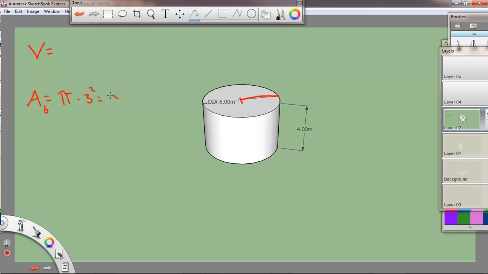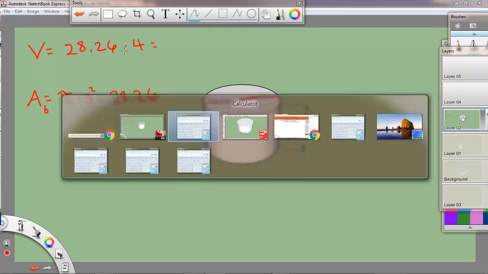So it's going to be 28.26. And then I need to multiply this area times the height, which is 4. So this is going to be 28.26 times 4, which is going to be what? 113.08. Let's see if I'm right.